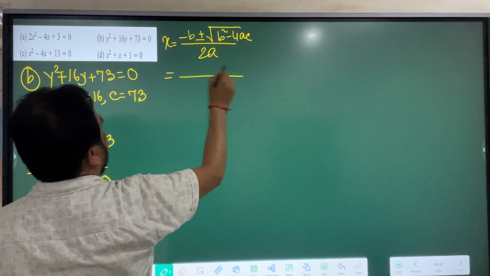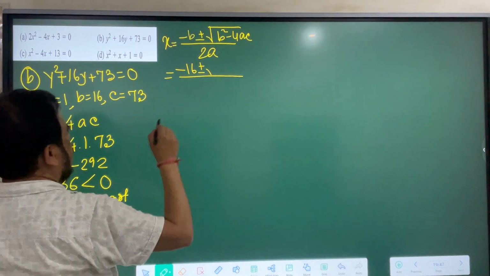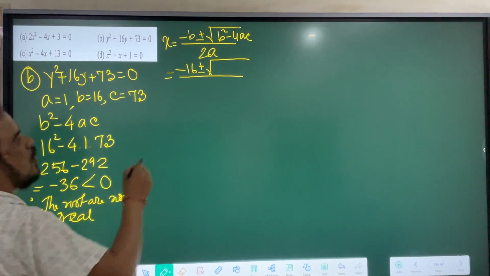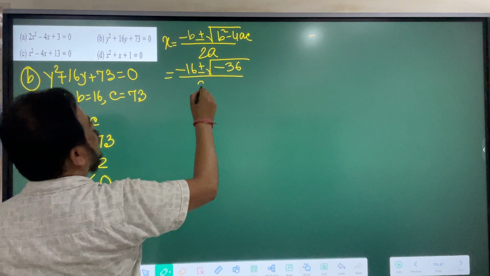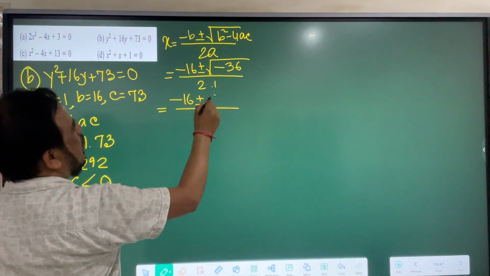So simple calculation. Minus b is minus 16. So minus 16 plus minus, we will write the value of b square minus 4ac. Already we have got minus 36. But 2 into 1. Minus 16 plus minus 6i.